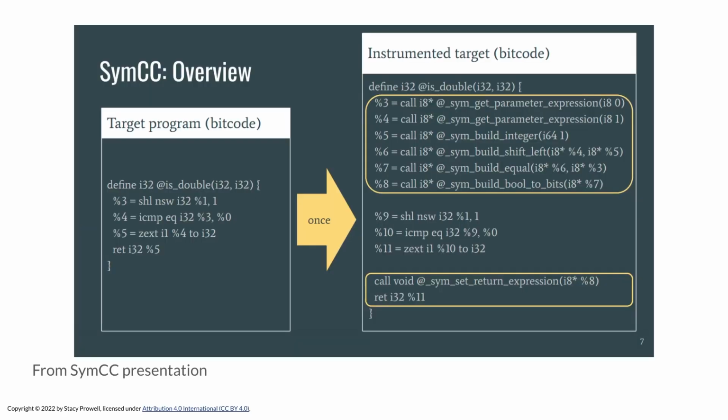Their approach directly modifies their RTL and adds in the pieces that it needs in order to do symbolic execution. So you can see symbolic get parameter expression, build integer, build shift left, build equal. It's going to do all the different little pieces symbolically. It's going to actually output the code, and there you go.